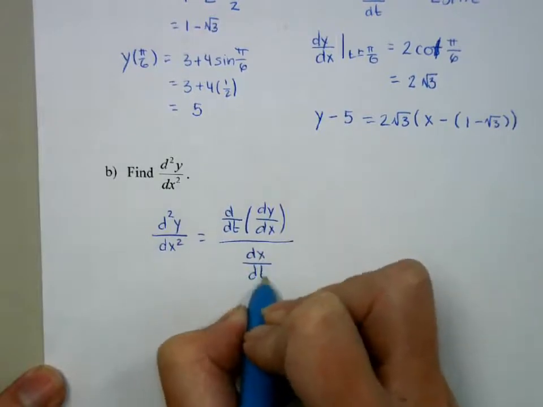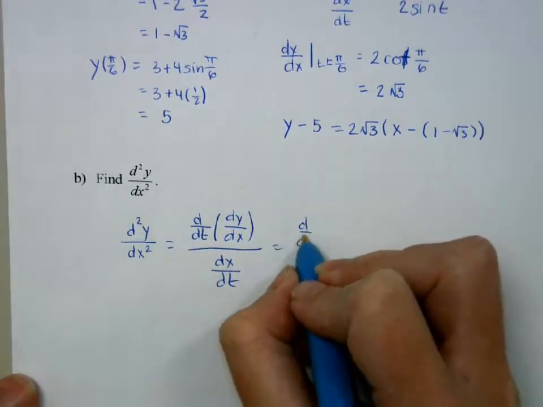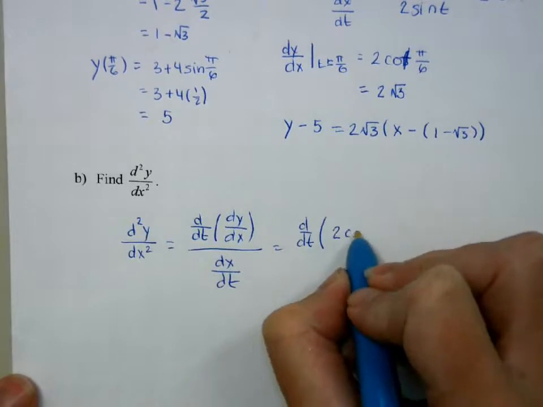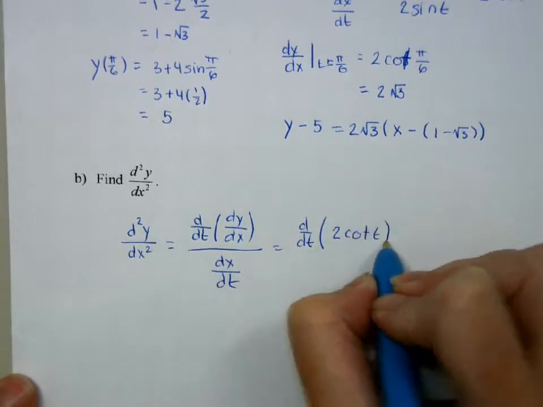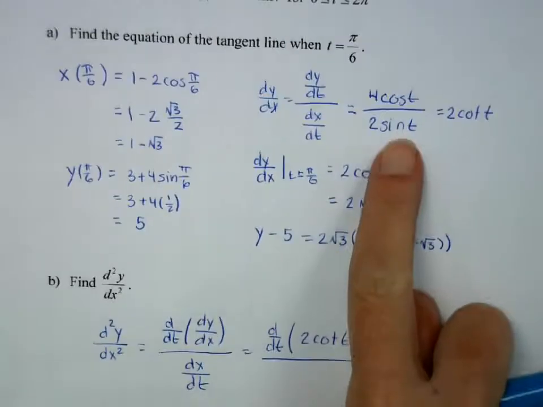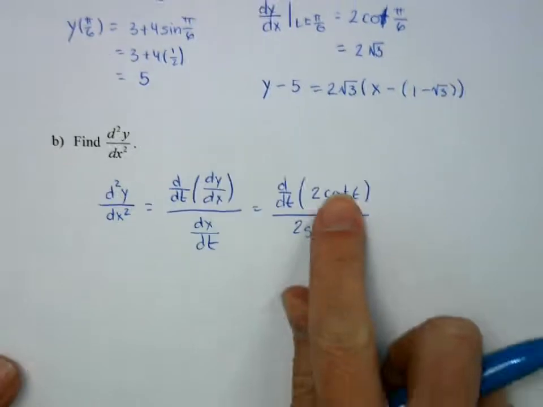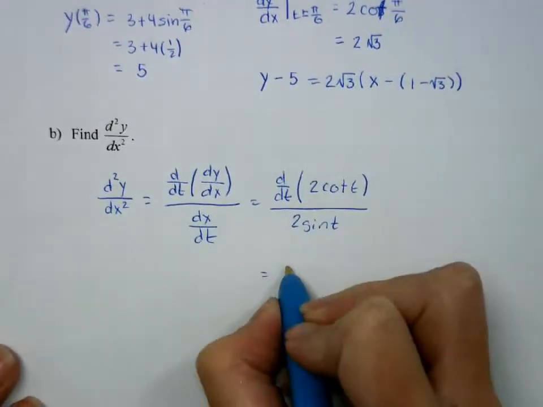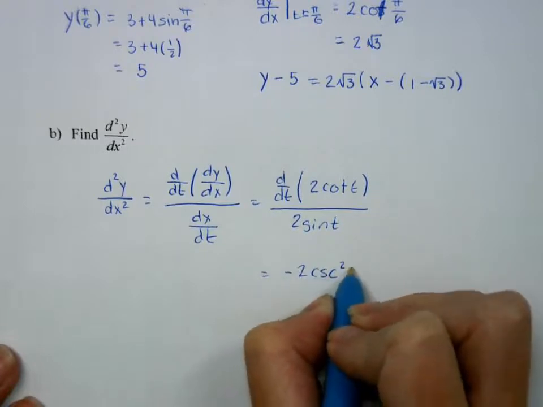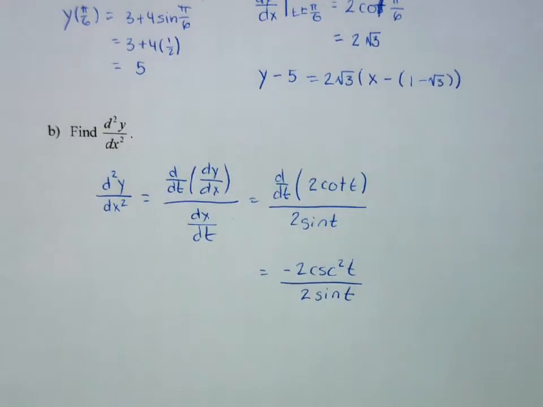So for our equation here, we're going to have d dt of dy dx, which we said was 2 cotangent t, over dx dt, which is 2 sine t, and then we just have to take the derivative of cotangent. So that is our second derivative. You could simplify or just leave it like that.